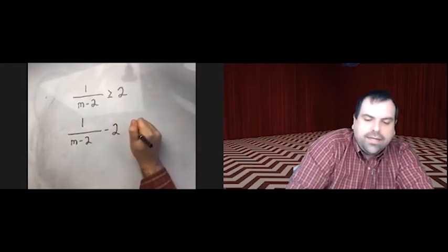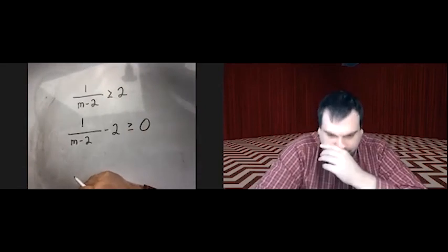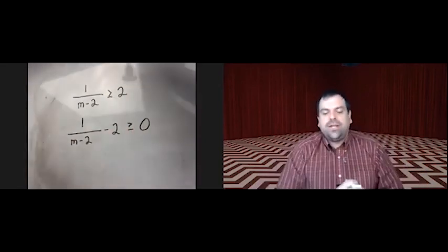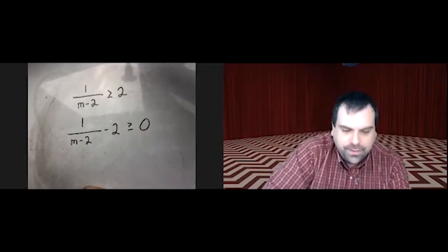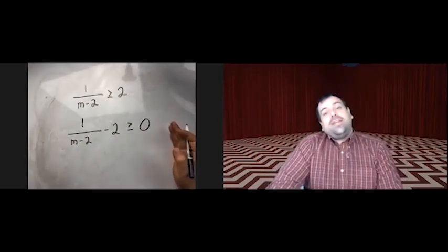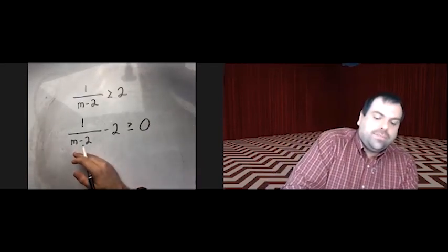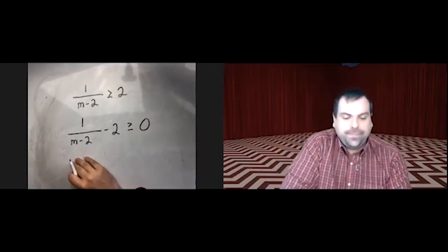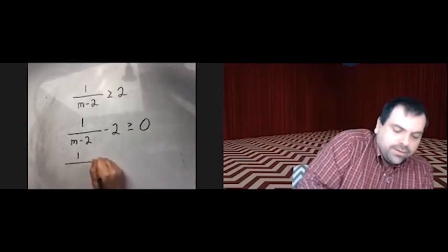Because I need it equal, or in this case, greater than or equal to, I need 0 on the other side. Not only do I need 0 on the other side, though, I need a single fraction across from it. So I need a common denominator.